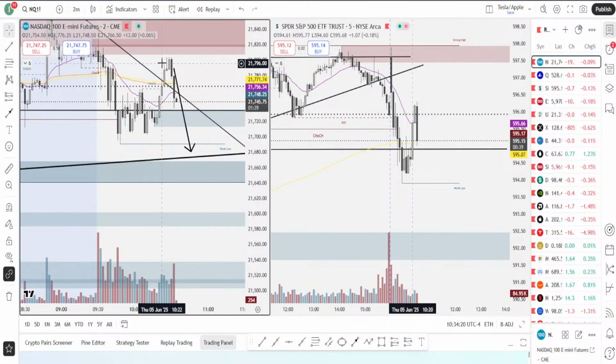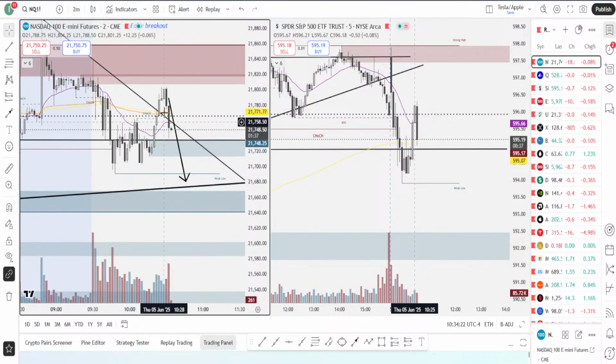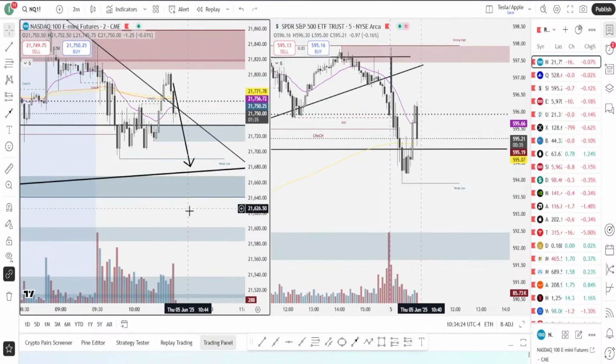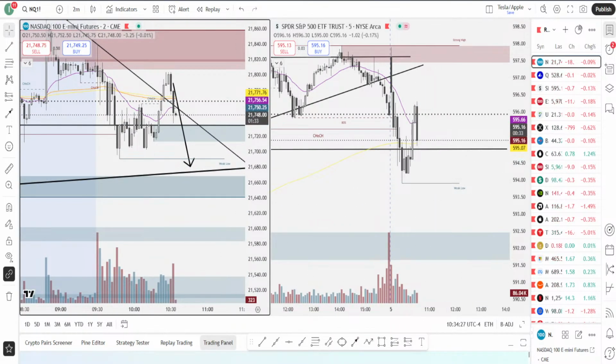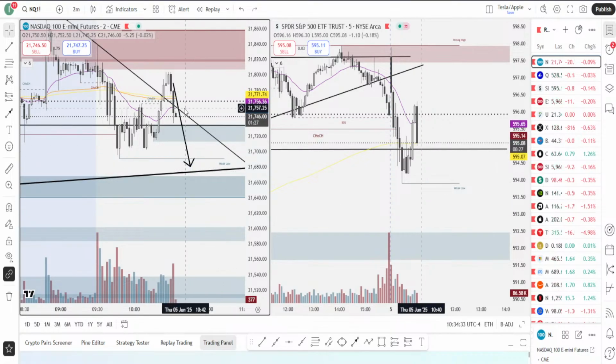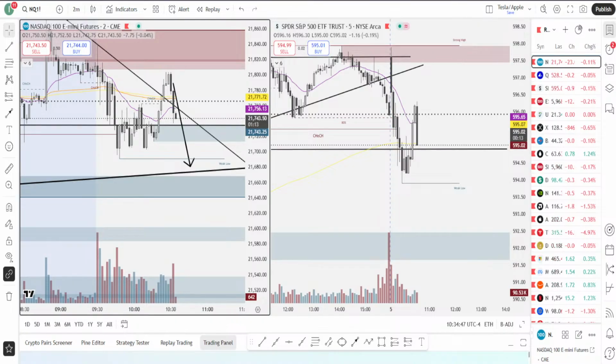Hopefully we trapped those buyers thinking, hey, it's gonna go to the moon. Yeah, psych. Maybe another time, brother. Come on, dump it, dump it, dump it. Let's go. Ah, damn.